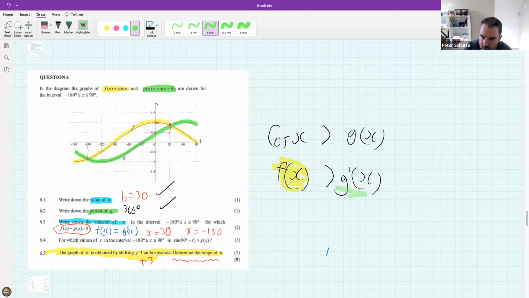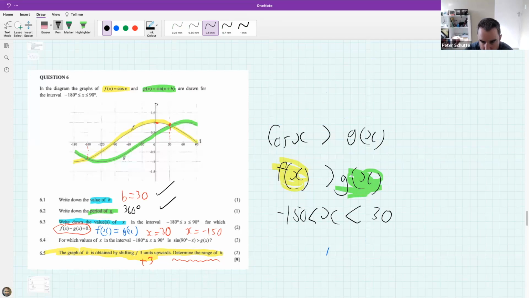So I go to my drawing here and I say, look, yellow is below green over here. It's equal to green over here, but then yellow is above. So from x equals -150, yellow is above, and until x gets to 30, yellow is still above.